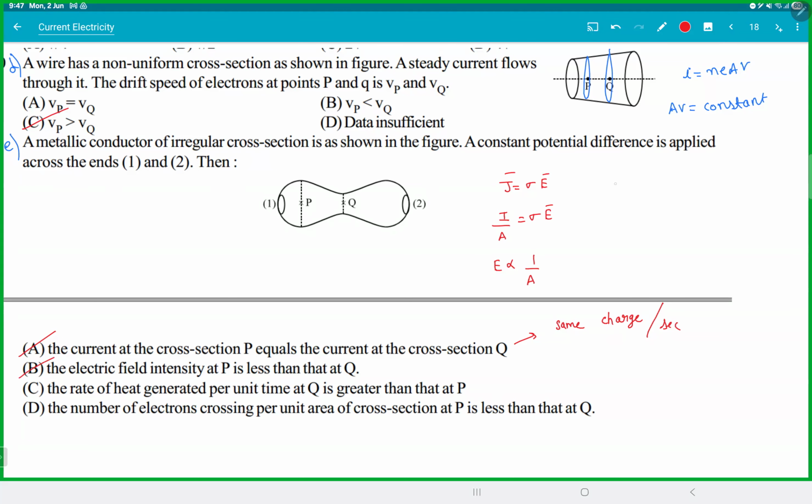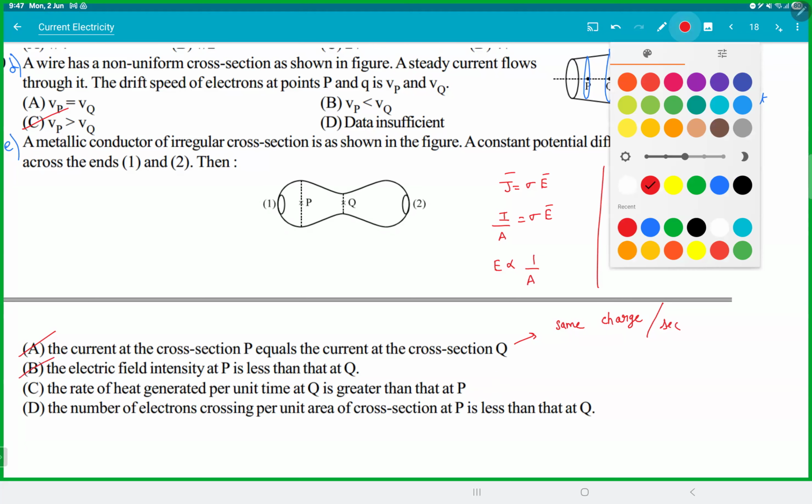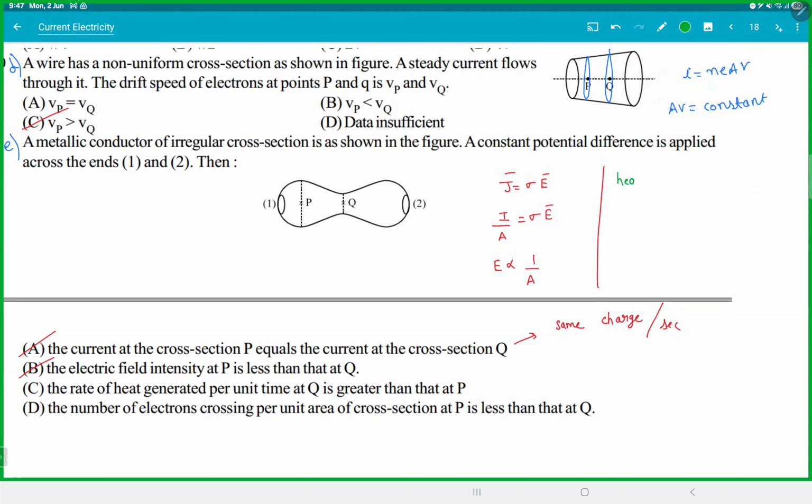The rate of heat generated, this is good. We know heat is nothing but I square R. But we know current is constant. R is nothing but rho, take a small cross section dx by area A. So heat per second when the current is constant is proportional to 1 by area. That means the thinner cross sections will have more resistance, therefore they generate more heat.